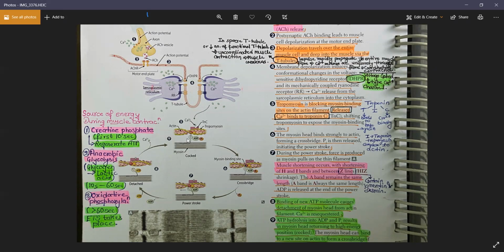So to cause the contraction I need the ATP, and to cause the relaxation I again need an ATP, right? And when the ATP that is bound to remove the myosin from the actin to cause relaxation is again hydrolyzed, I can have another contraction.